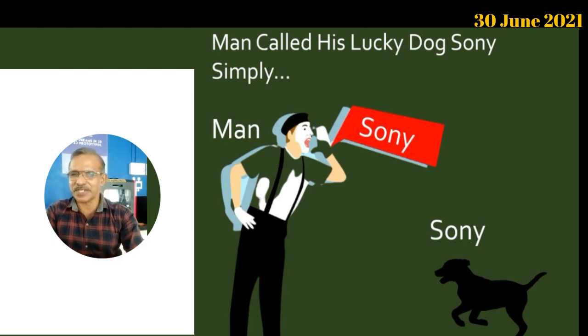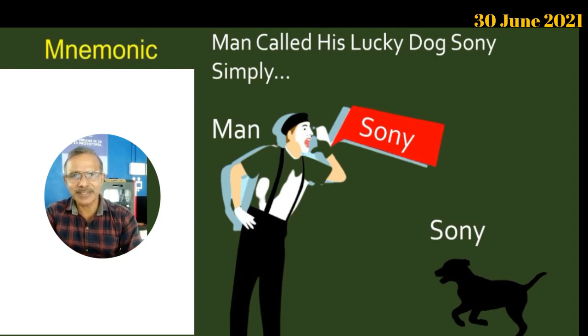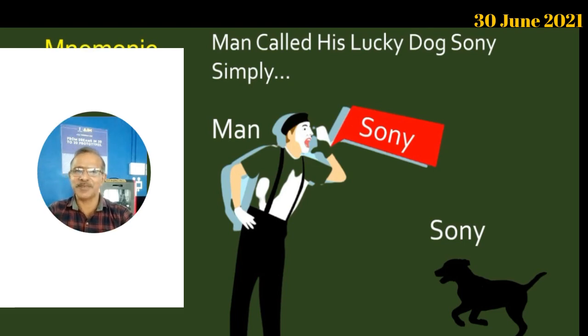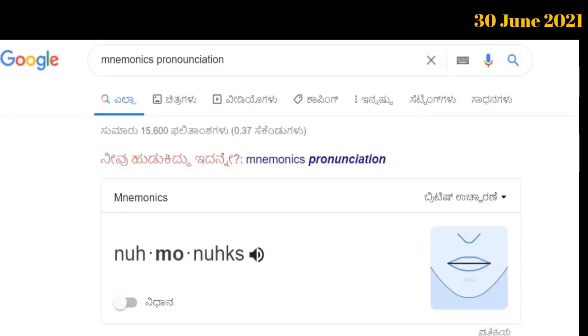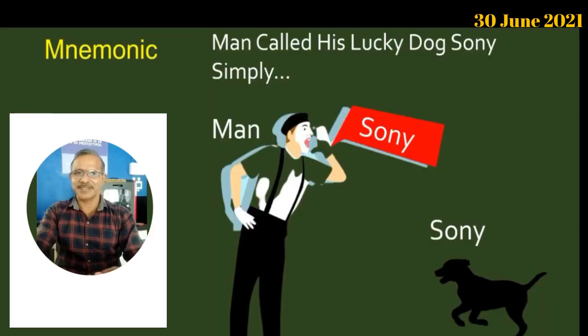And this type of trick is called mnemonic. How do we pronounce it? Well, we'll refer Google. Mnemonics. Mnemonics. M silent. So it is mnemonic.